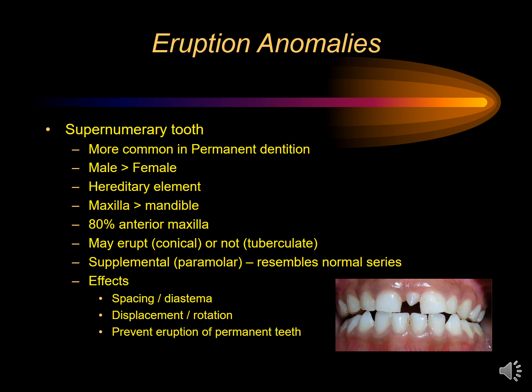It's sometimes difficult to tell which is a supernumerary and which is the normal series. The effect of all supernumerary teeth is that they can cause spacing or diastema, they can cause displacement or rotation of the permanent teeth, and they may also prevent the eruption of permanent teeth.